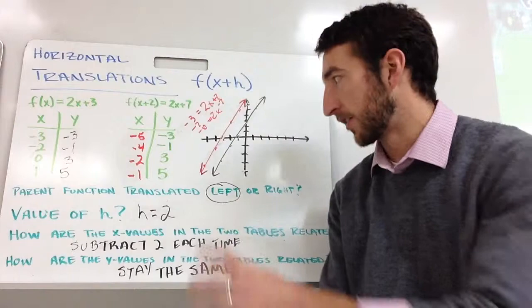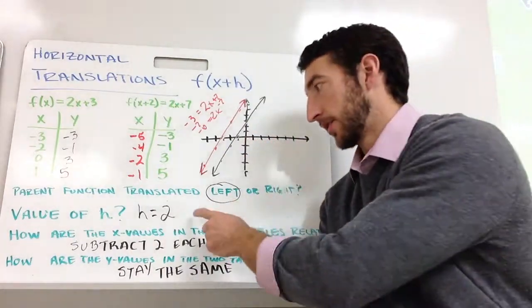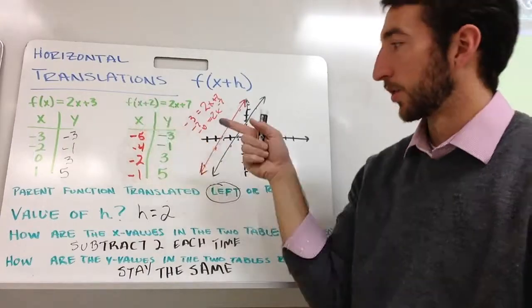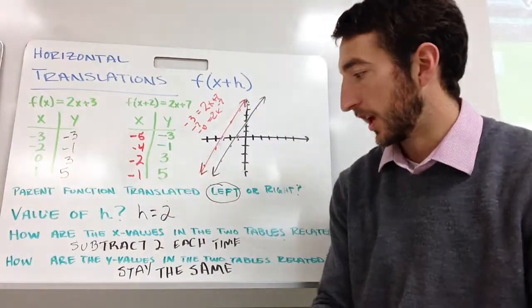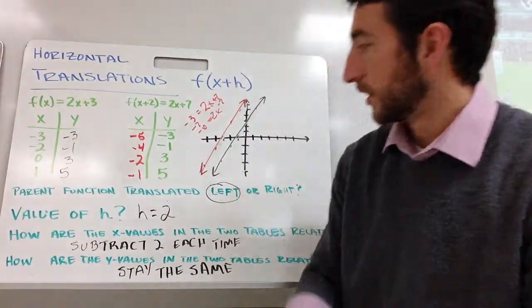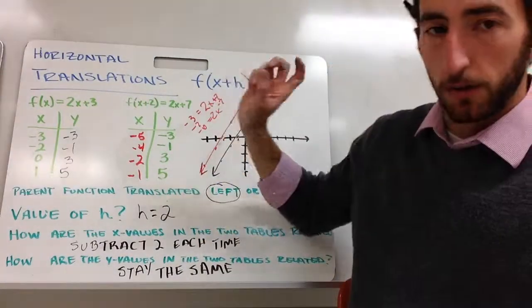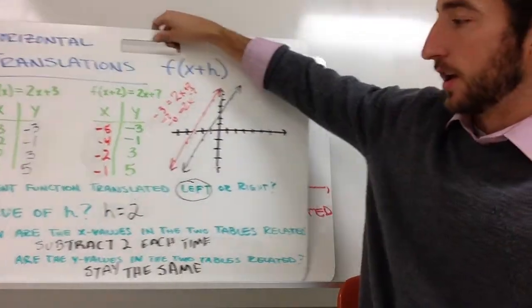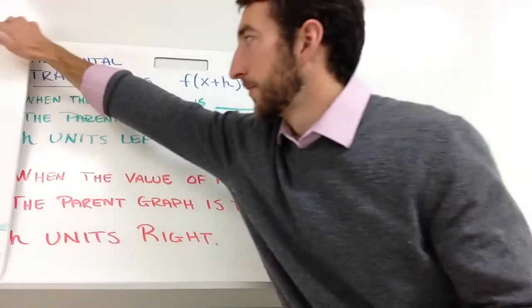But you just got to be careful and remember that if it's positive and it's inside the parentheses, we're going to move it to the left. If it's negative and inside the parentheses, it's going to move to the right. So that's just kind of something you have to get used to. Now remember, we did all this algebraically, so it should make sense why it is translated to the left.